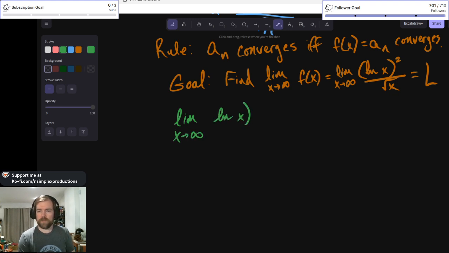(Natural log x) squared over root x should be equal to the limit as x goes to infinity of, taking the derivative of the top, 2 natural log x times 1 over x.